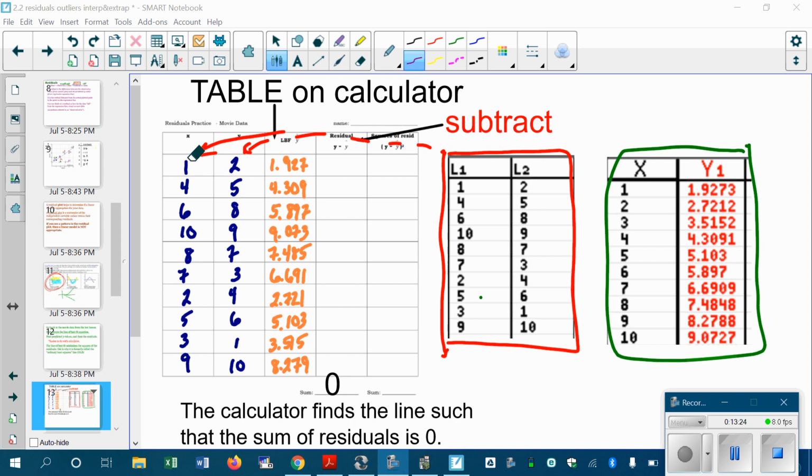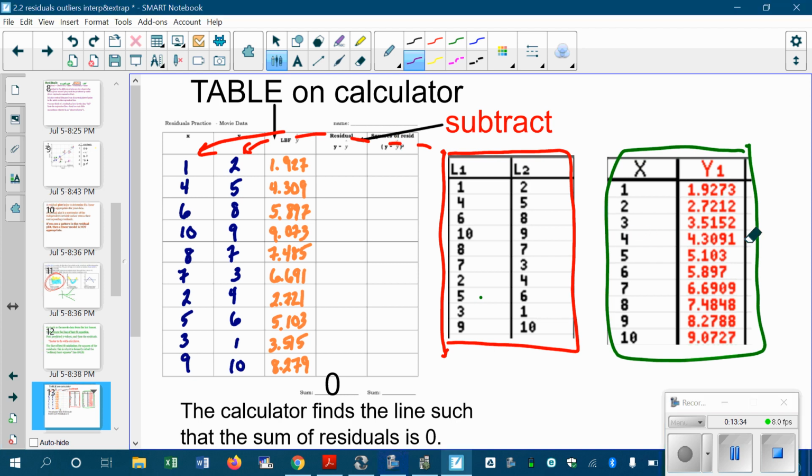So here's the X that was 1, and I wrote down the Y from over here. This X was 4. So over here, I had to get this particular value, 4.309-ish. I can't just write them down in the order that they come because these X's are not in that same order. They're not 1 through 10 in order.